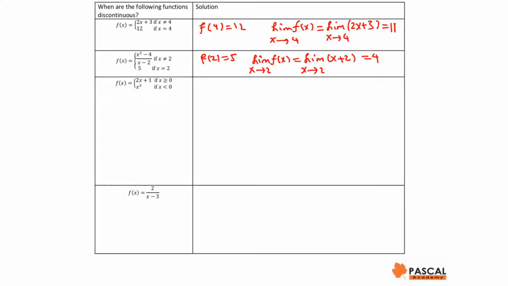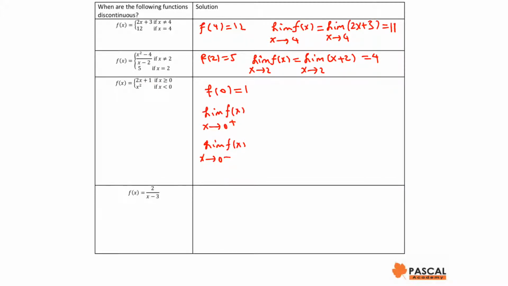Next example, f(x) = 2x + 1 when x is greater than or equal to 0. When x is smaller than 0, it is x². The equal sign is here, so f(0) is 2x + 1, which is 2 times 0 plus 1.